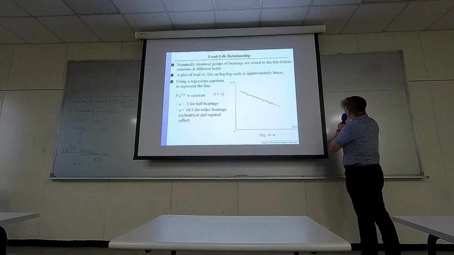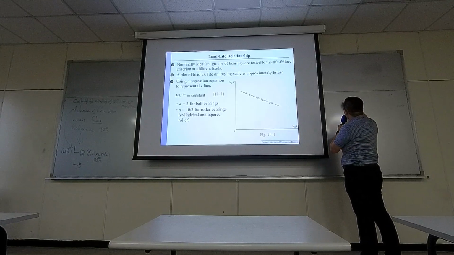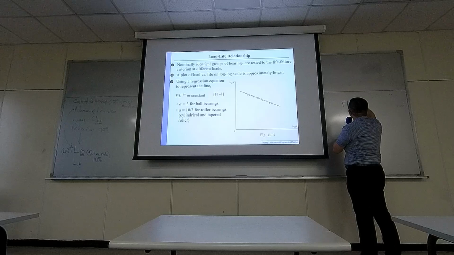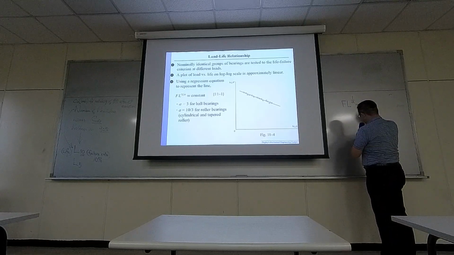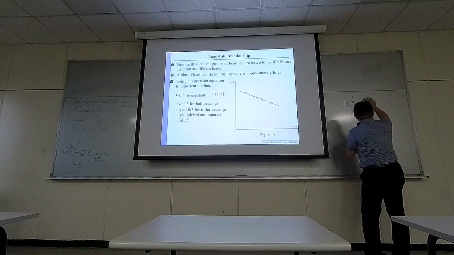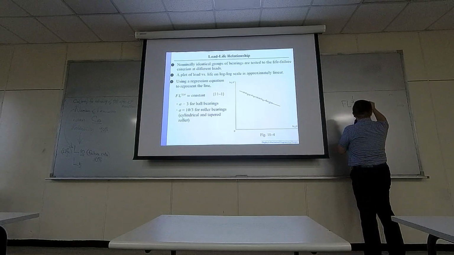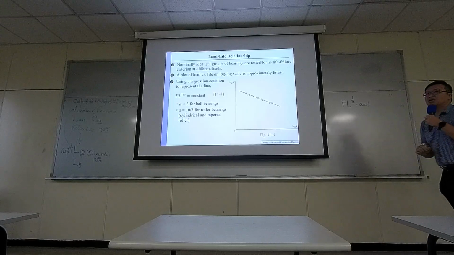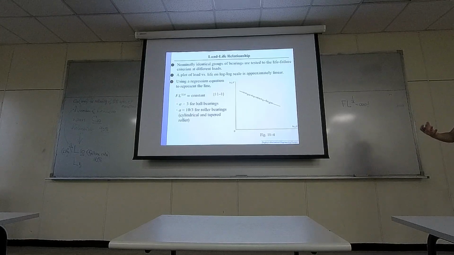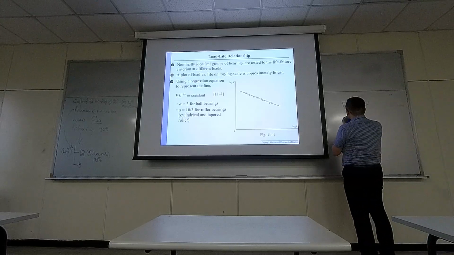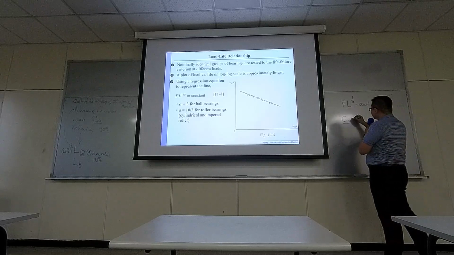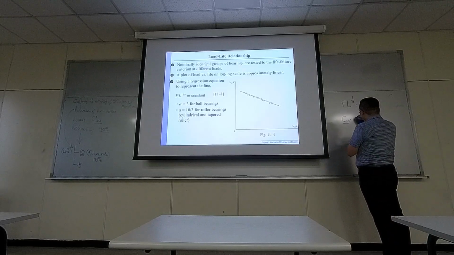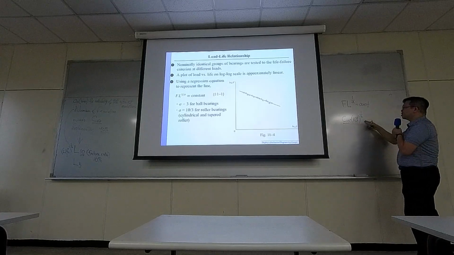If this is true, that means this is a constant, right? So, like I said, from the catalog you have C10. That means when I apply C10 as the force, multiplying the life, which is 10 to the power of 6, raised to 1 over A, this must be the same constant as well.